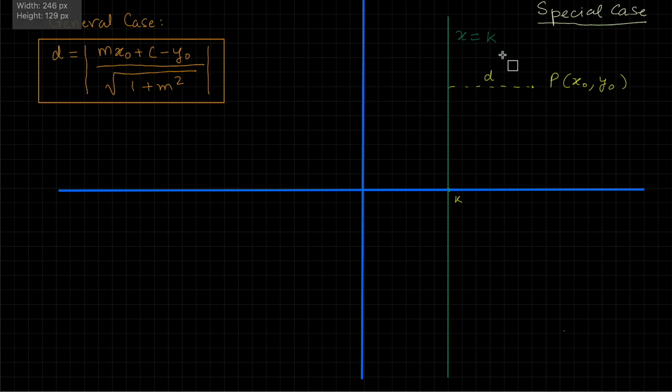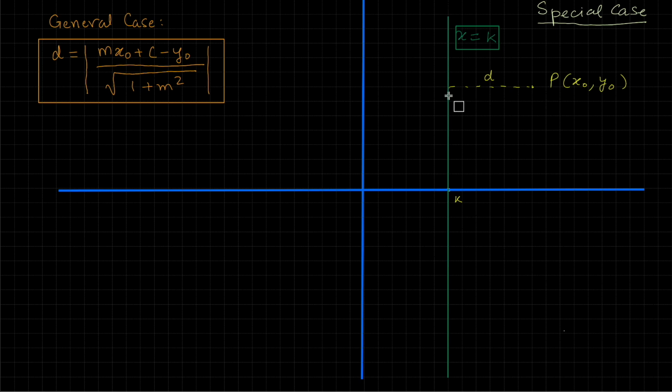So in that case, as this line becomes more and more vertical, m will tend to infinity, and when it's completely vertical, m is not defined, and also there's no y-intercept c as well, so we need to modify the formula for this case. The formula for this case is quite trivial.